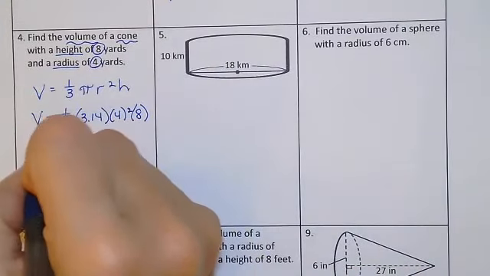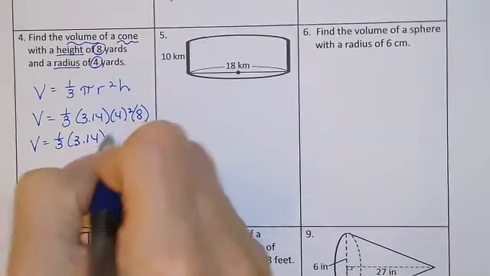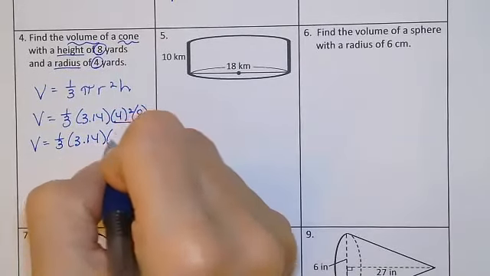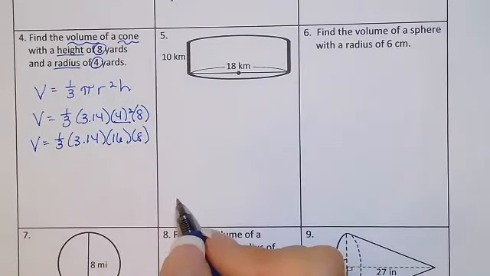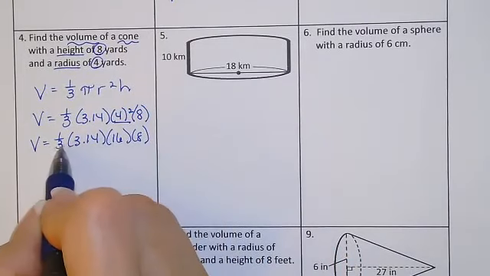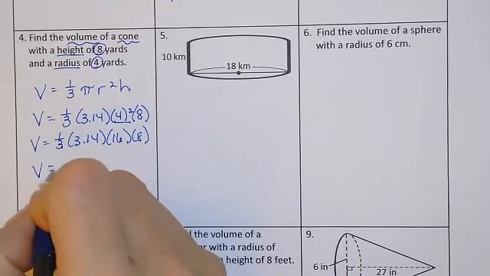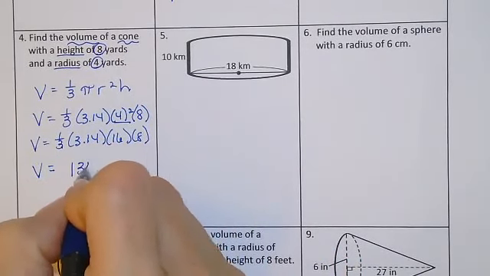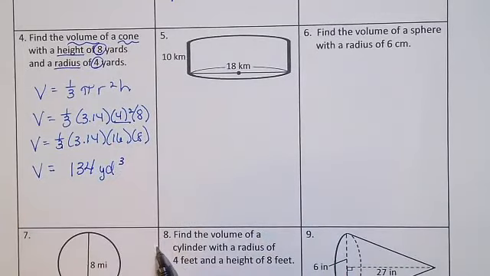Okay, time to solve. 4 times 4 is 16. And now we're going to multiply these 3 and divide it by 3. So our volume equals 134 yards cubed.